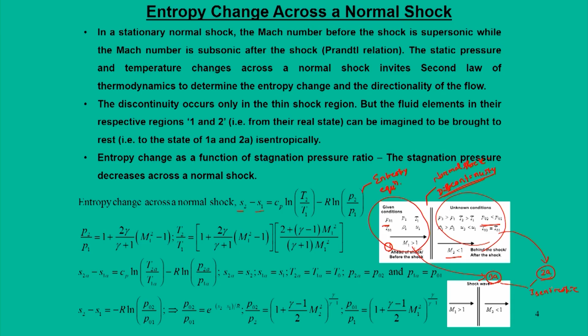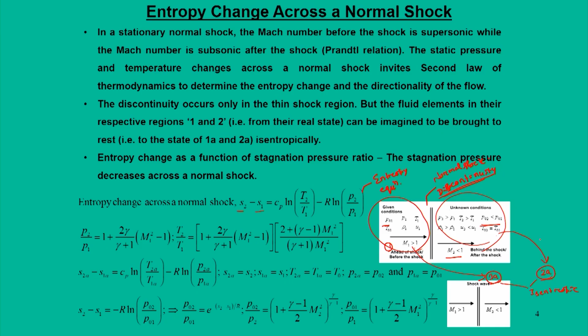Isentropic event means state 1 is brought isentropically to rest, zero velocity, that is, you stagnate the flow isentropically from condition 1 to 1A, and you stagnate the flow isentropically from condition 2 to 2A.